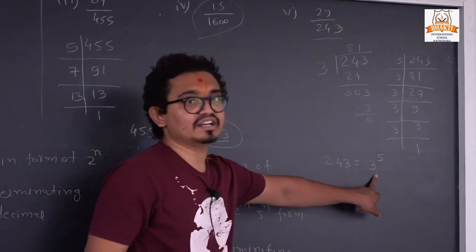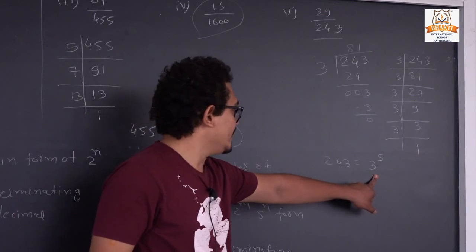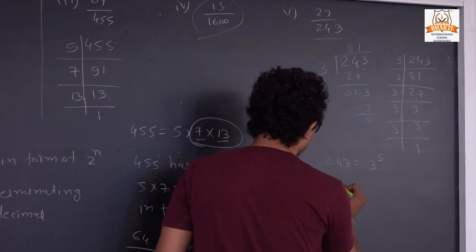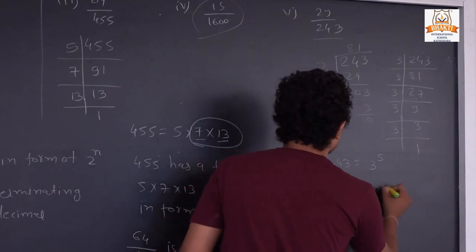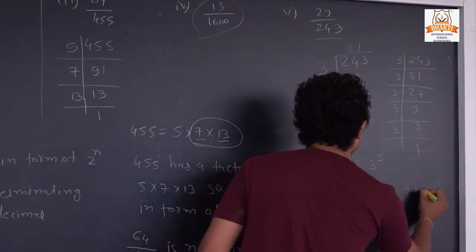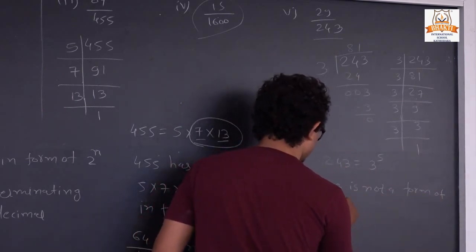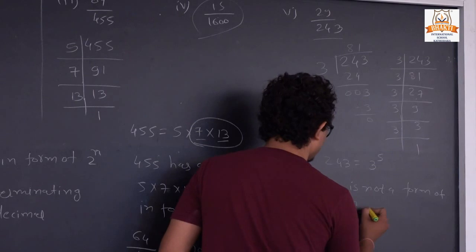But it is not in the form of 2 raised to m into 5 raised to n. So 243 is not of the form 2 raised to m into 5 raised to n.